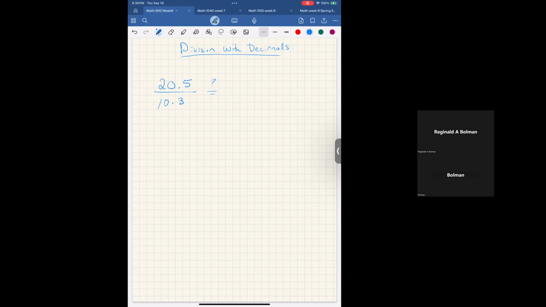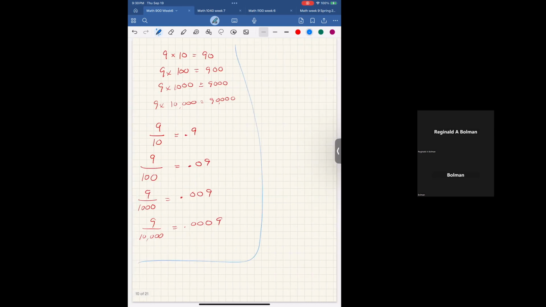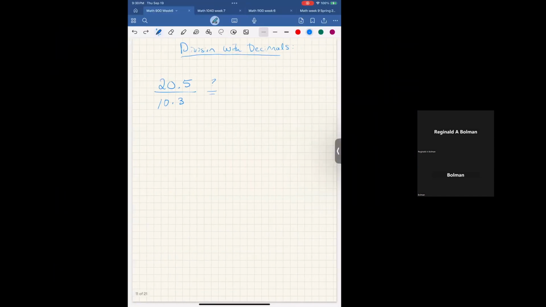It turns out that for the same reasons that if you simply multiply a number by a factor of 10, you can shift it to the right one place, and or if you divide it by a factor of 10, you can shift it to the left one decimal place. What happens whenever you divide decimal digits is it actually is equivalent to if you were to shift the decimal by a single decimal place. And that would be equivalent to like multiplying the top and the bottom, in this instance, by 10.